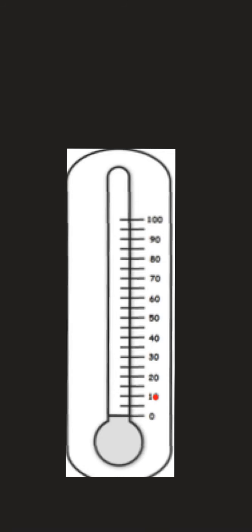So let's try with 0, 5, 10. If we keep counting in fives, let's see if it works. 0, 5, 10, 15, 20, 25, 30, 35, 40, 45, 50, 55, 60. We know that the scale is going up in fives.